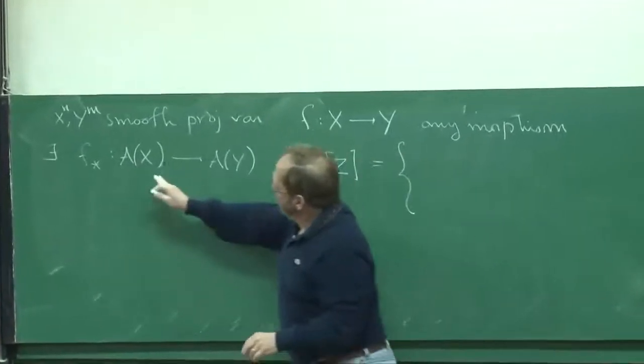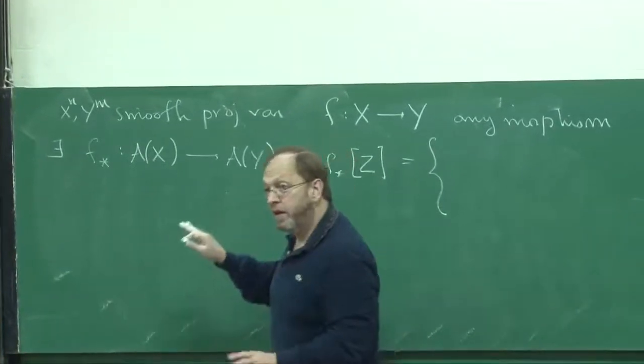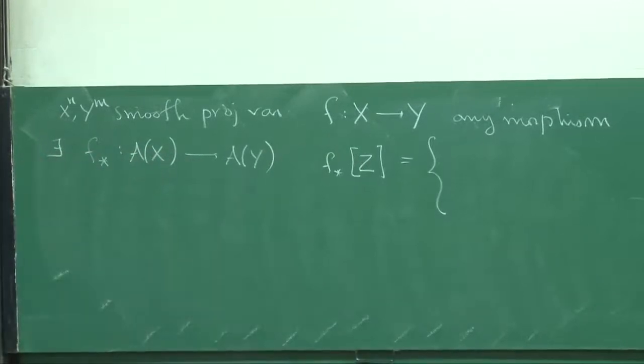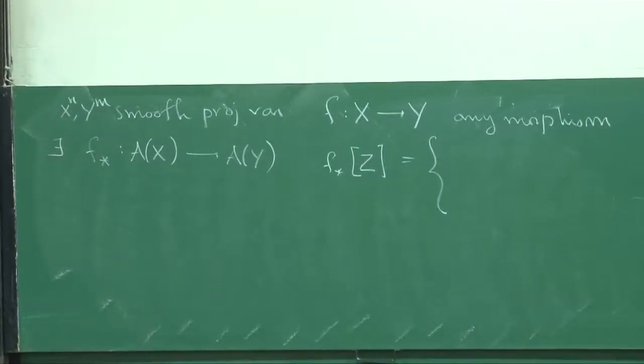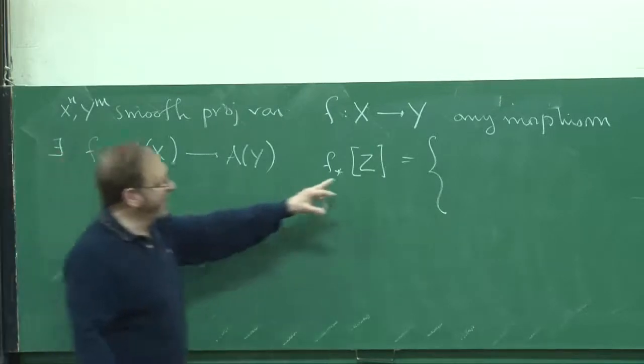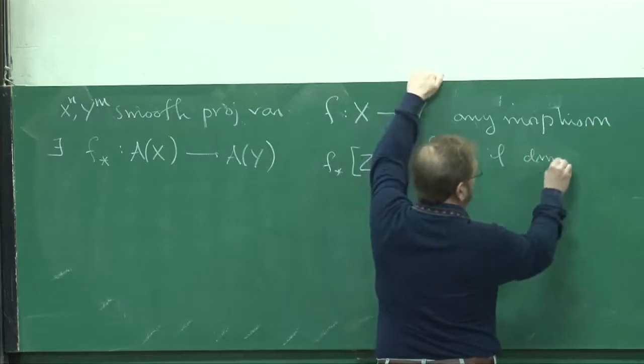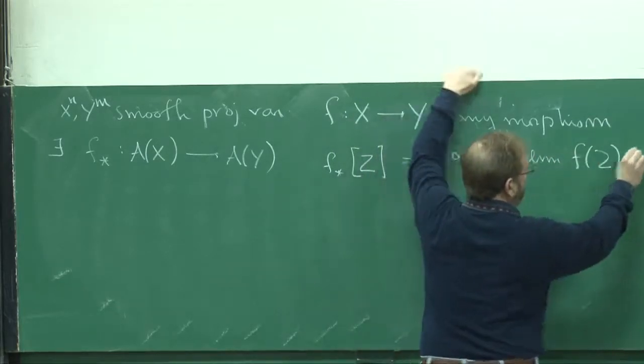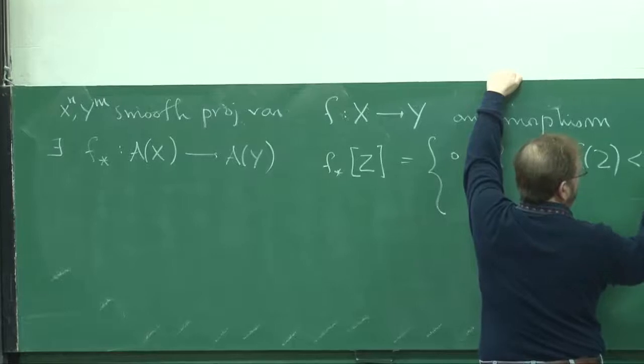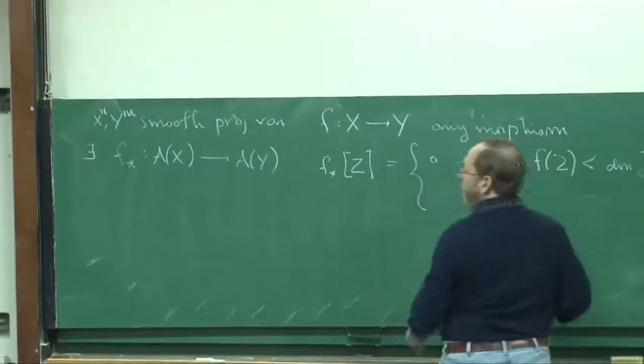If I have a map here, the image may have lower dimension than the original variety. And in that case, I just want to set the push-forward of the class equal to 0, if the dimension of f(Z) is strictly less than the dimension of Z.